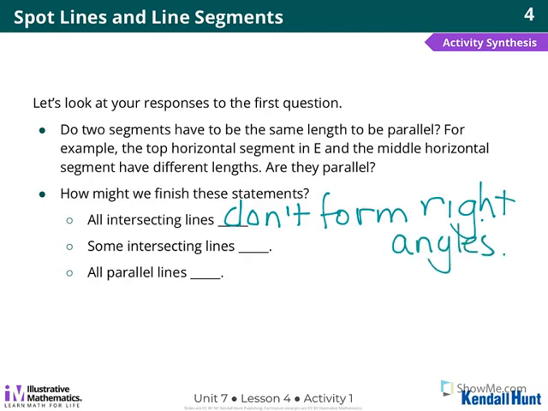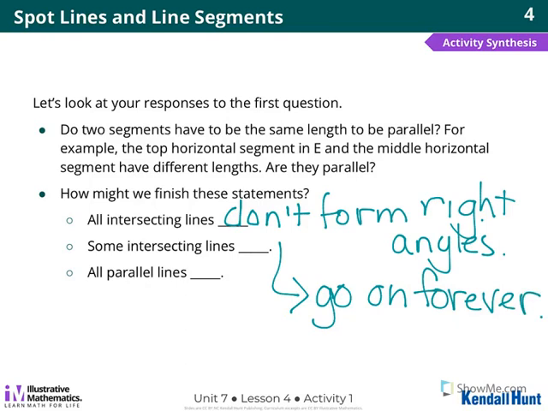I don't have enough room to write. Some intersecting lines. What would you say to that, Michael? Go on forever, because some can stop, because it can become a line segment, because intersecting means like it crosses.